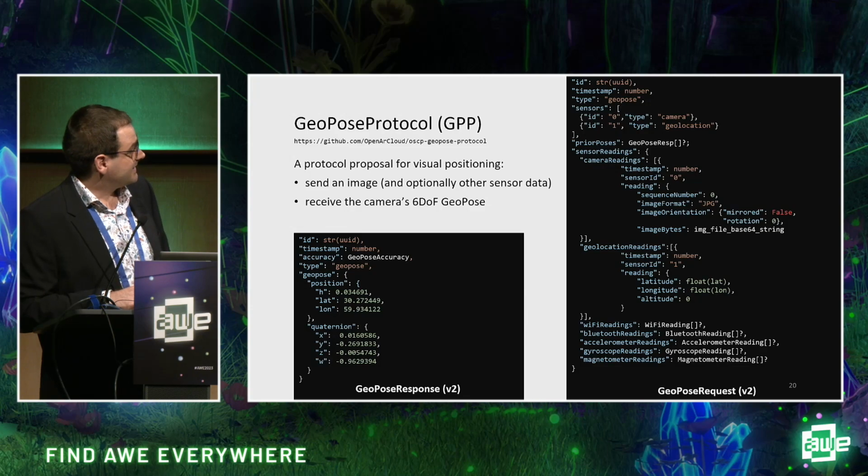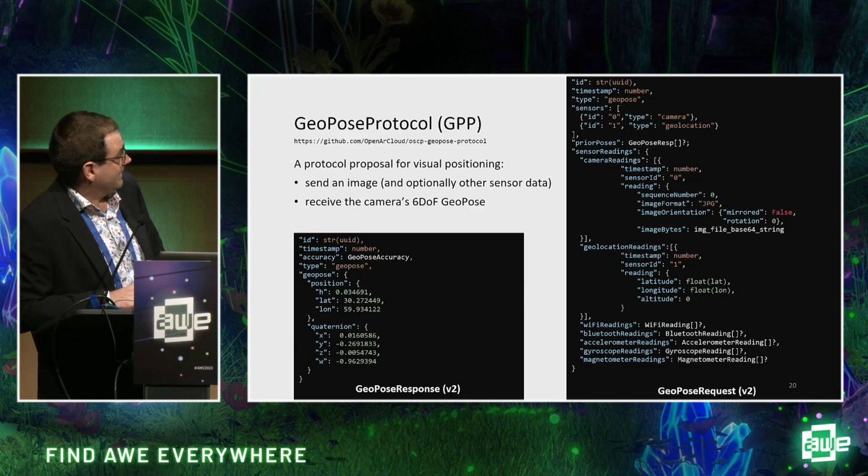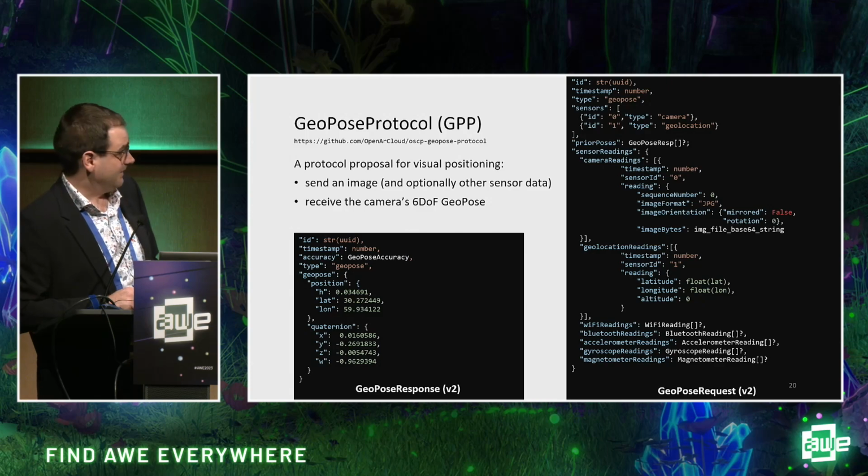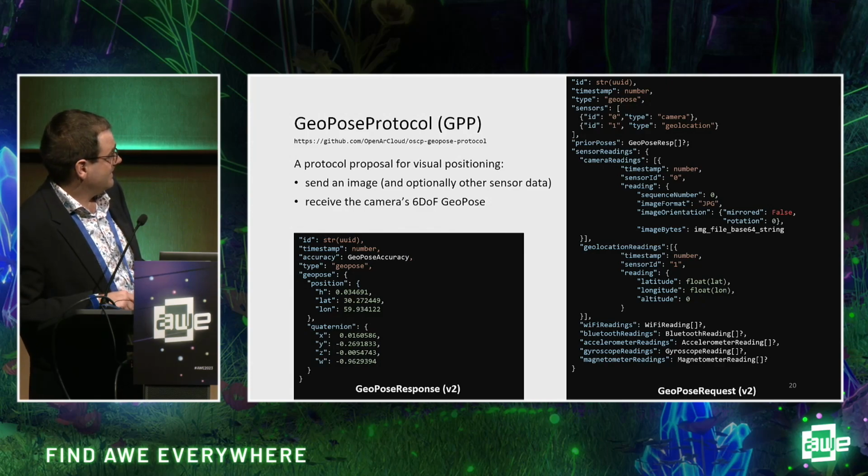On the right side, we see an example request from a mobile client. It has some kind of request ID, a timestamp, and a list of sensors that are available in this request. In this example, there is one camera sensor and one geolocation sensor. The camera packs its sensor values, which is an image, as a base64 encoded string, and some extra metadata about mirroring, rotation, image format, and so on.